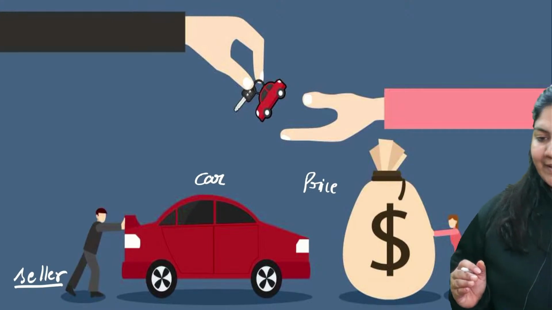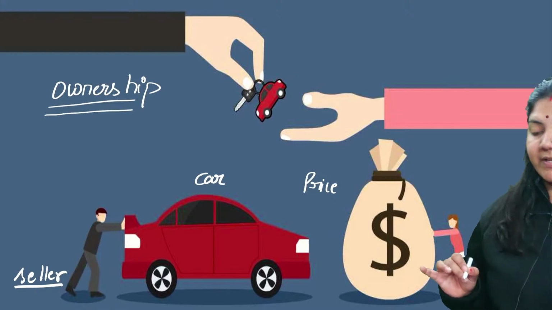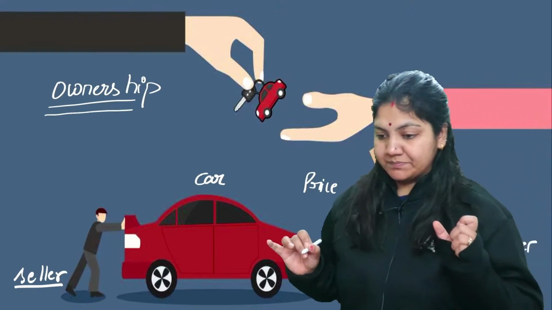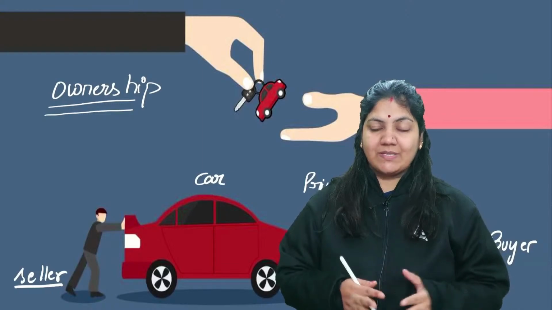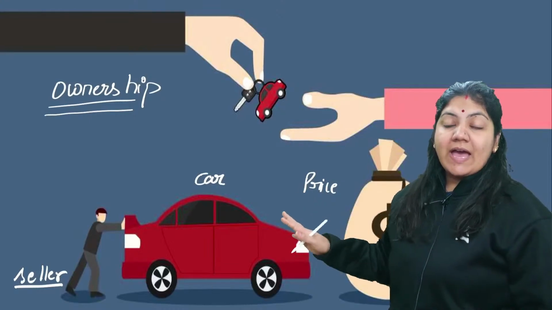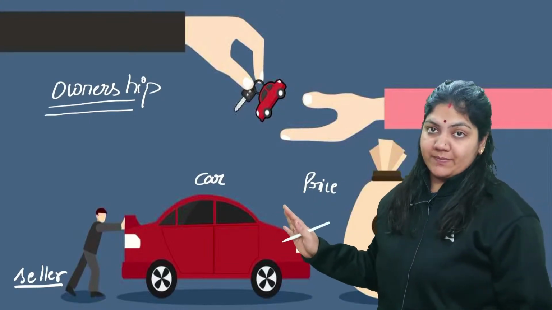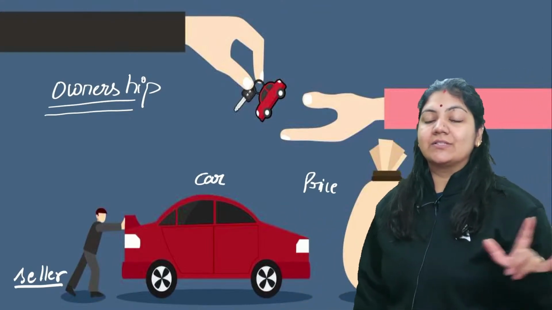So what exactly is the seller doing? The seller is transferring the ownership to the buyer. The buyer is taking the ownership. It means now the buyer has an absolute right over the car. So this is exactly the Sales of Goods Act.